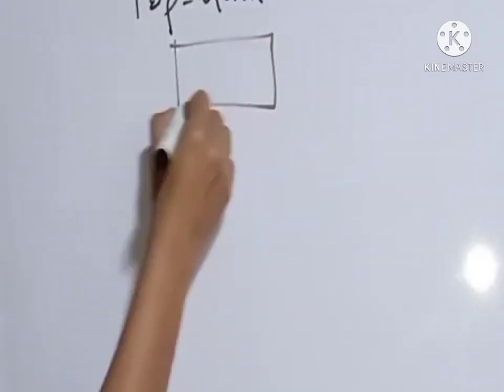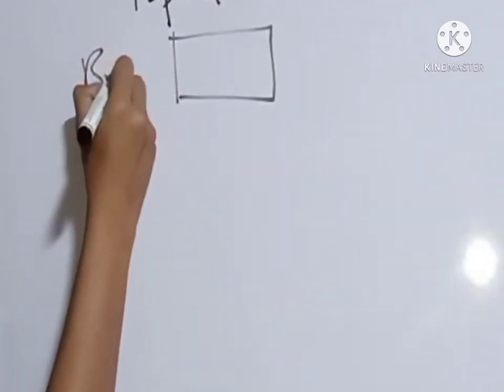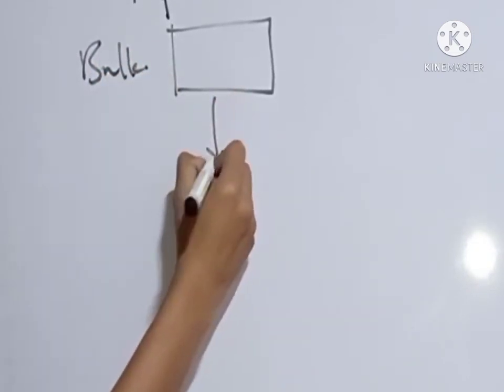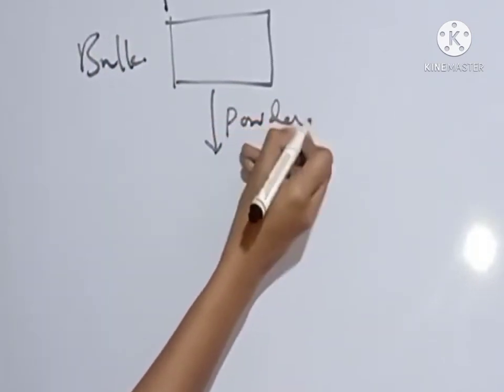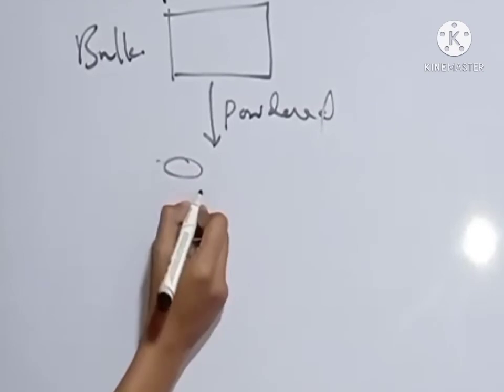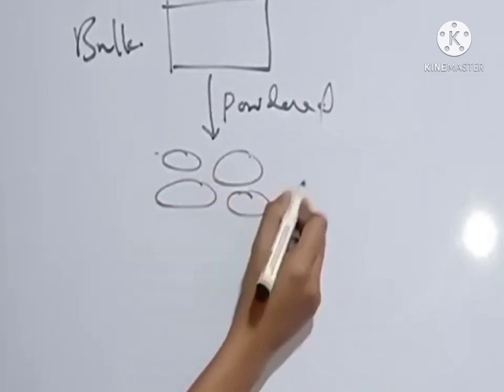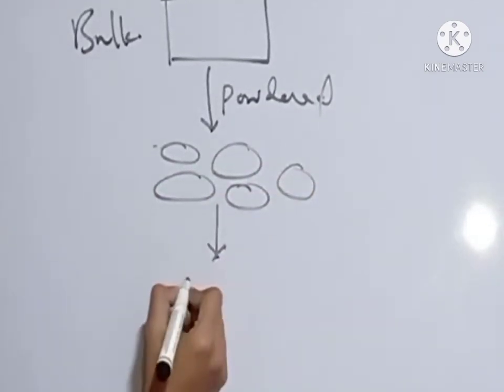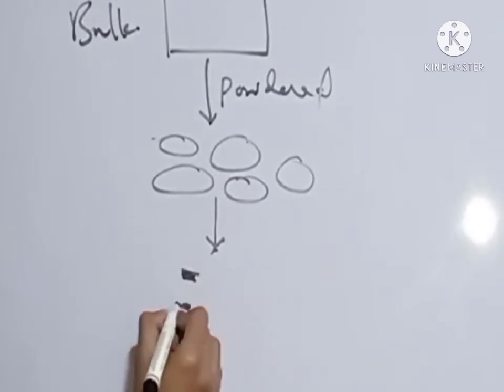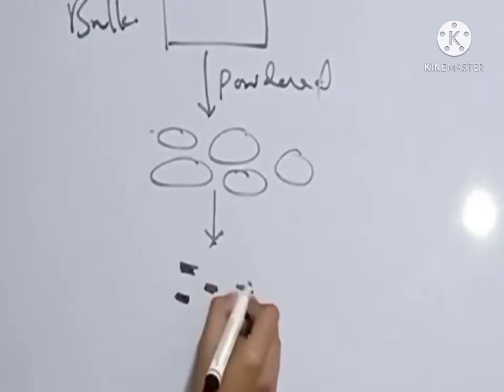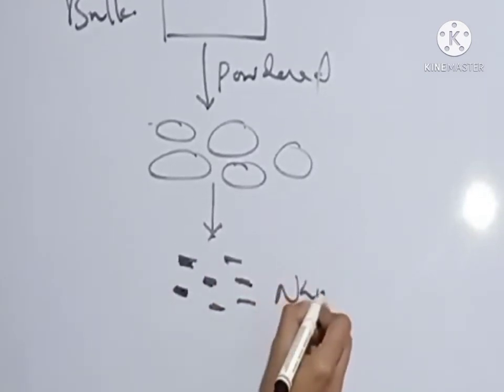The difference between the top-down and the bottom-up method can be pictorially represented as follows. In the top-down method, bulk material is powdered, then this powdered material is converted into nanoparticles.